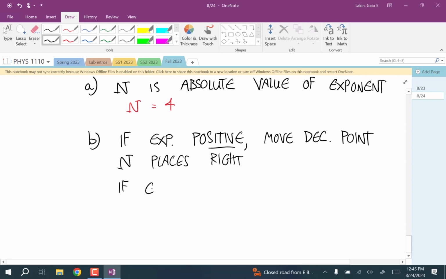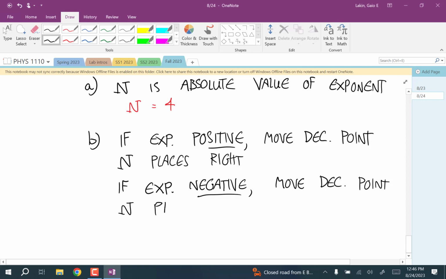And if the exponent is negative, move the decimal point n places to the left.